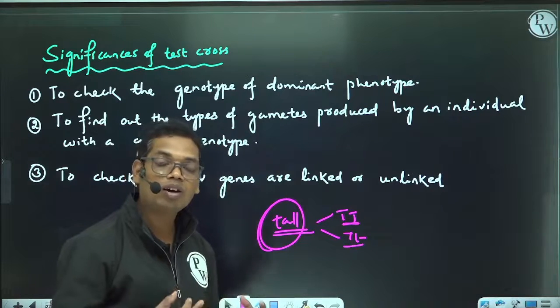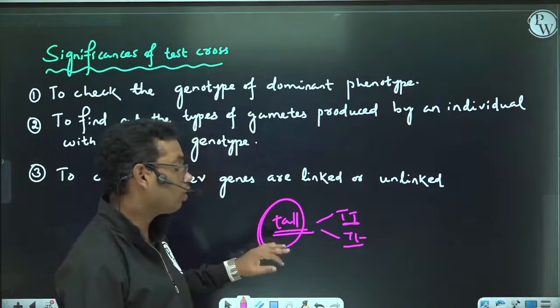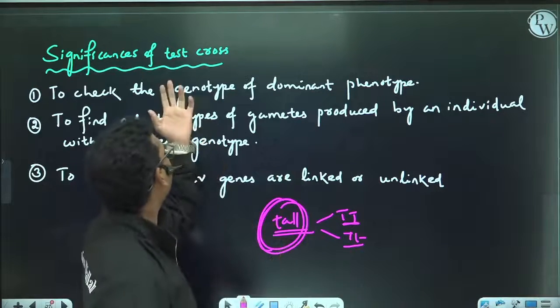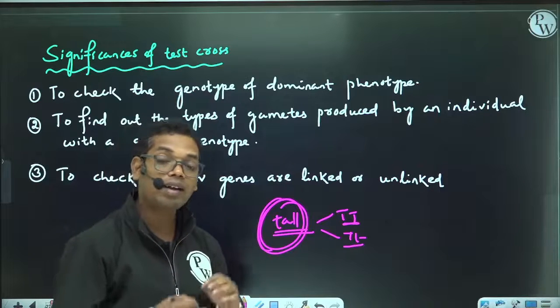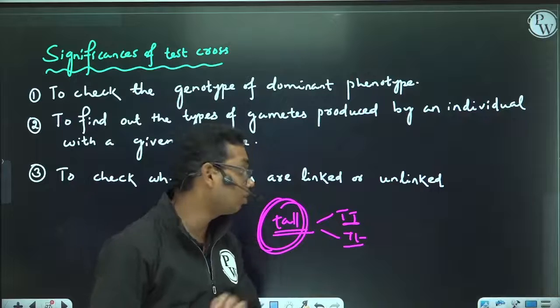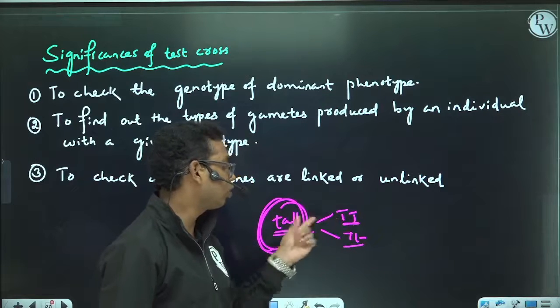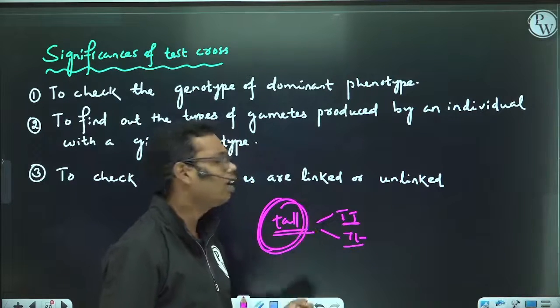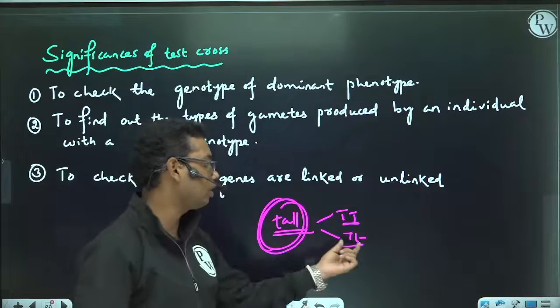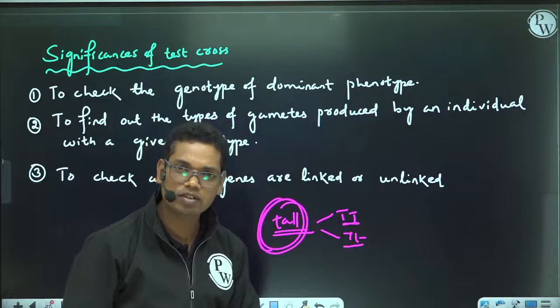So how to check the genotype of this dominant phenotype? To check that, I will perform the test cross. Okay, and if after test cross only dominant phenotype are produced, then that tall plant will be homozygous, capital D capital D, and if both dominant and recessive phenotype are produced, that means that will be heterozygous.